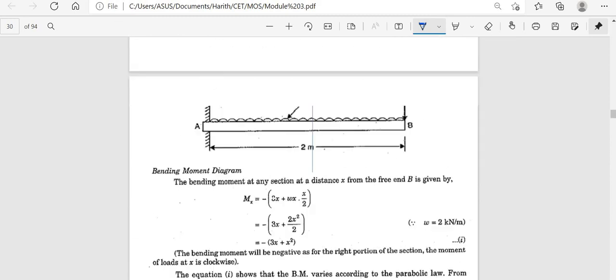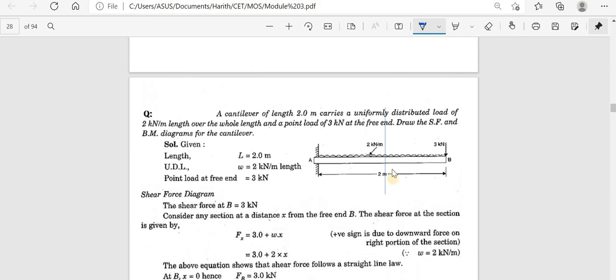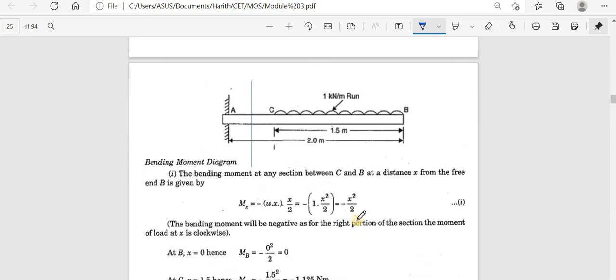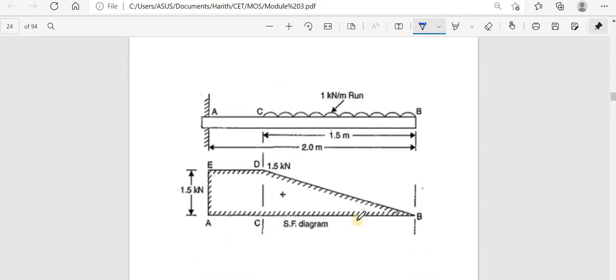Okay. So a lot of problems have been written here. Look at it, you can see here there is a UDL throughout, then a point load is there, so you can understand a combination of loads will be there, UDL and UVL can come.